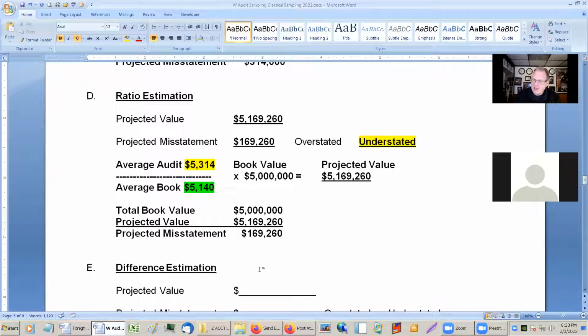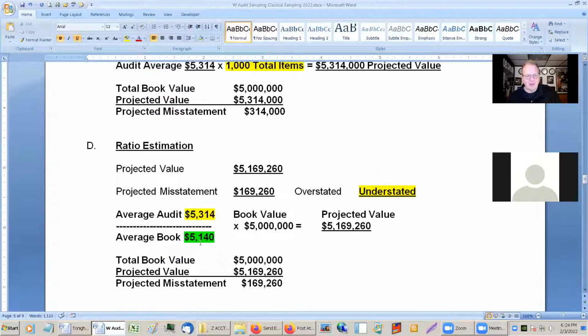And let's say that handling charge sometimes doesn't get put on the invoice. So whether the account is large or small, it's the handling charge that's missing. That's when you use difference estimation: when large and small accounts are often off by the same amount.